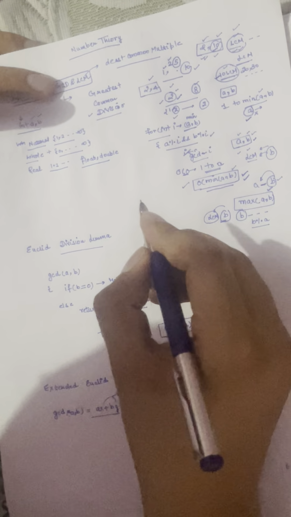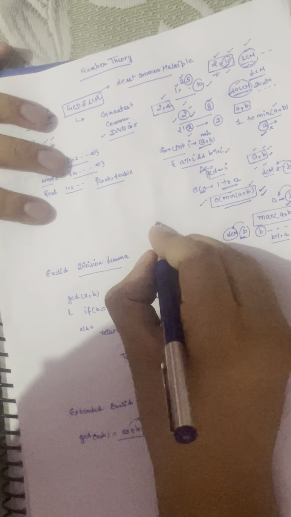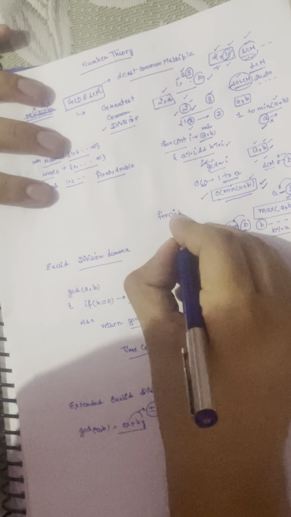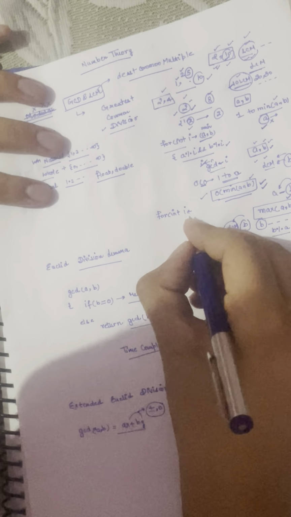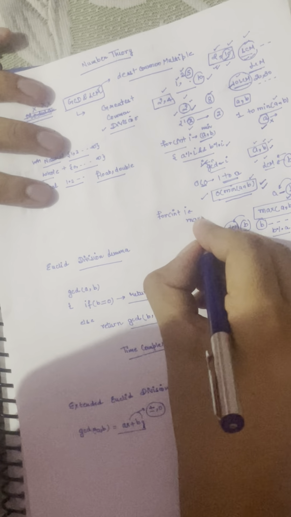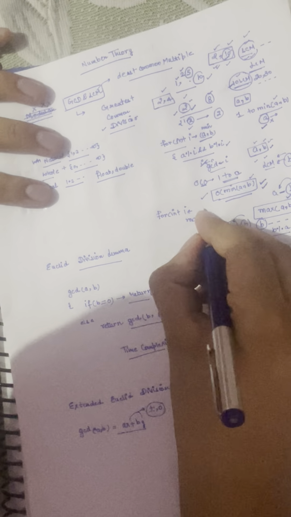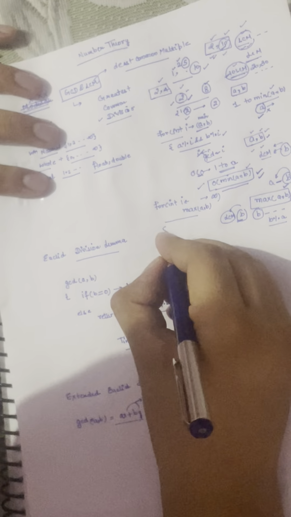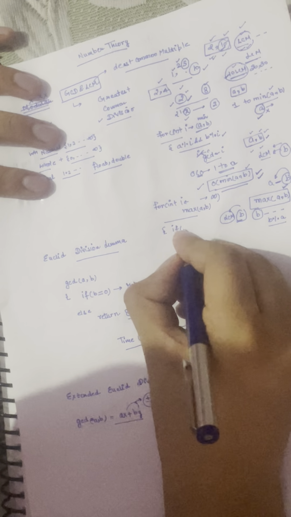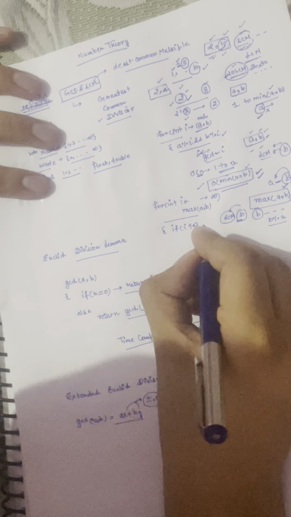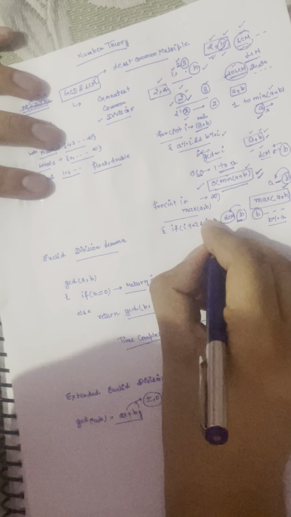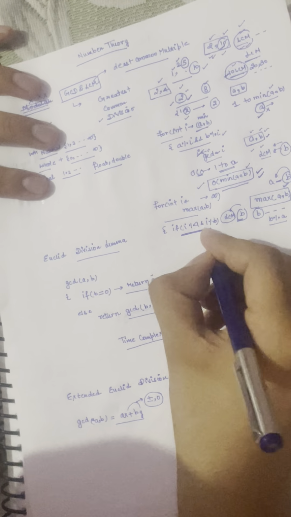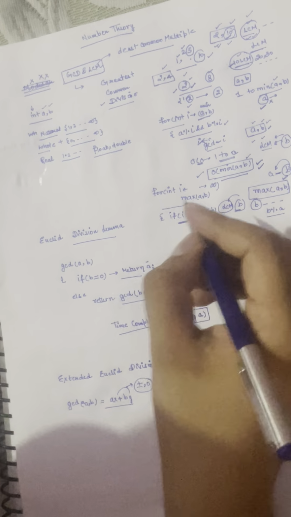So what is the code for this? For int i, starting from max of a comma b and going till infinity, if i is a multiple of a and i is a multiple of b as well, then this is the first number which both a and b divide.